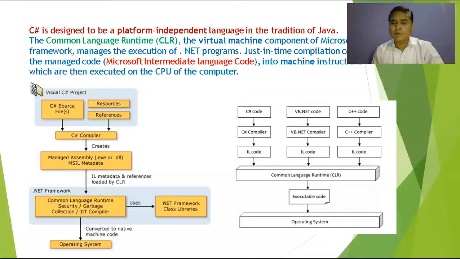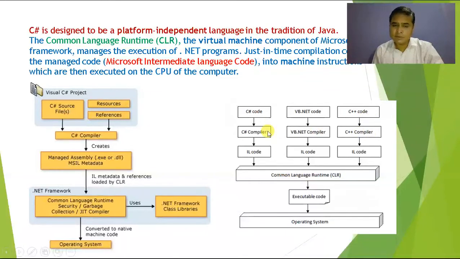In C sharp, one more thing is there, with this structure I am trying to teach you. C sharp code, VB.NET code, C++ code. .NET platform supports many programming languages. There is a C sharp compiler for C sharp code, VB.NET compiler for VB.NET code, C++ compiler for C++ code.